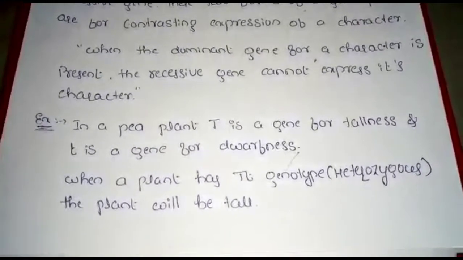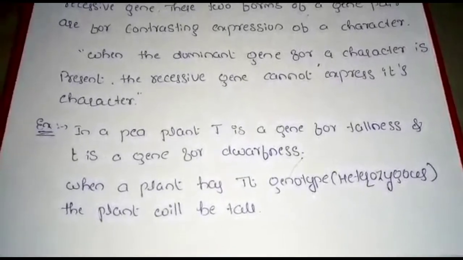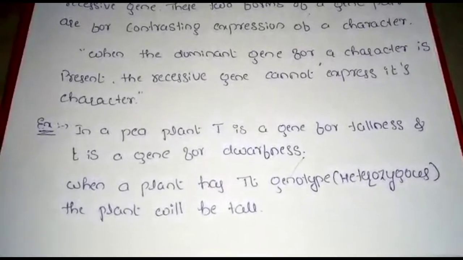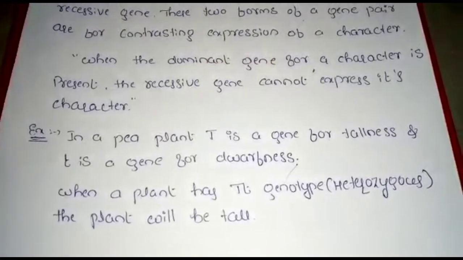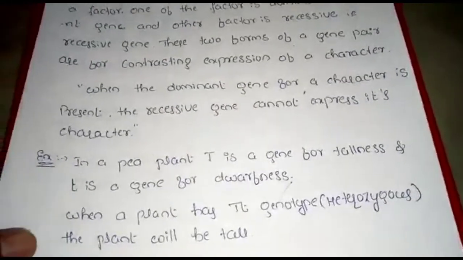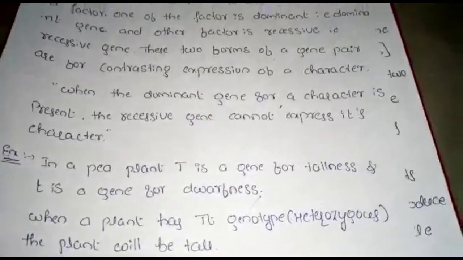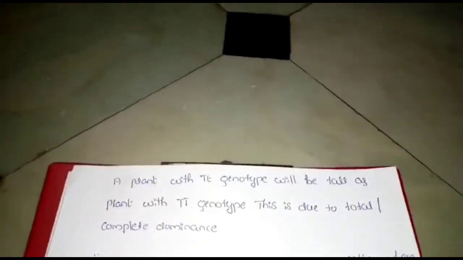When the genotype is heterozygous, capital T small t, it also shows a tall plant, because even in the heterozygous condition capital T always shows the dominant character, hence it is called tallness. A plant with the genotype capital T small t will be tall.